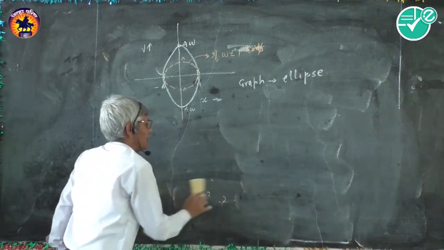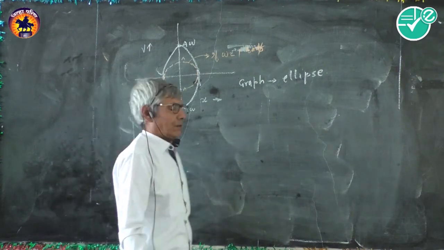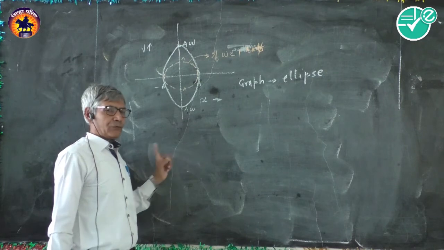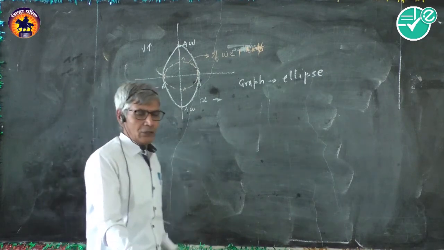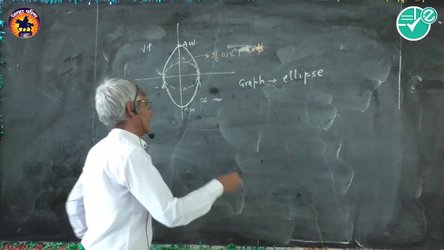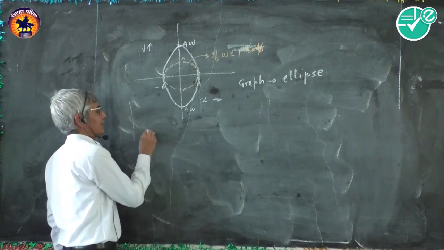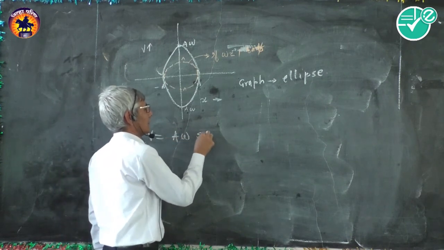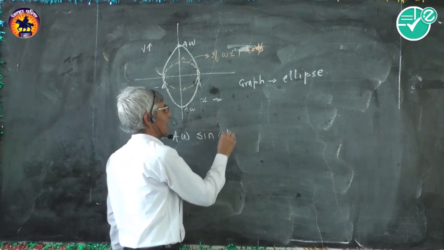We have obtained the relation between acceleration and displacement, between acceleration and time, and velocity and displacement. Now, another equation between velocity and time: v equal to A omega sin of omega t plus alpha.